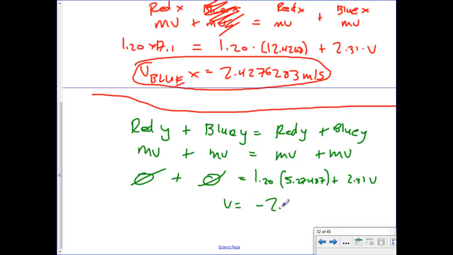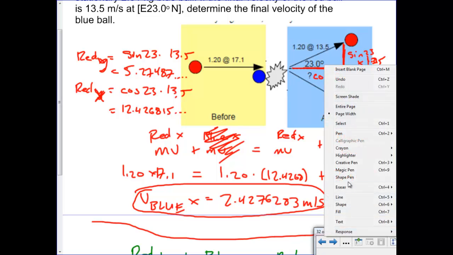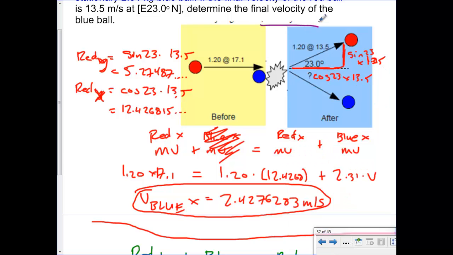For my velocity, I got negative 274. Anybody else get a negative? Yep. Because the negative makes sense. One thing that I didn't do before I started is I didn't assign a positive and negative direction. And I actually have to do that for X and Y. In the X direction, it probably makes sense to make this positive and that negative. In the Y direction, why don't I go with up positive and down negative?